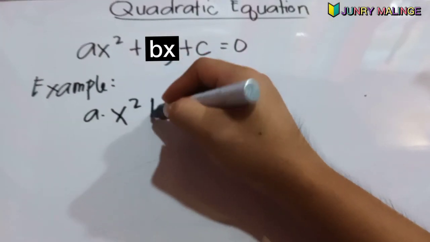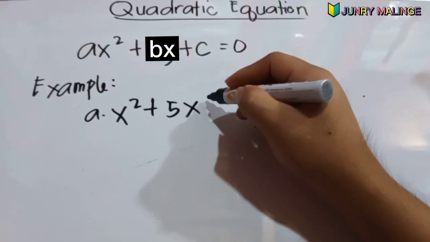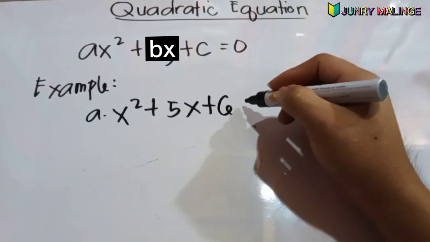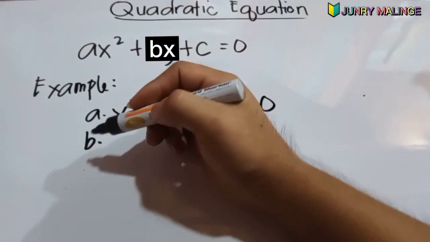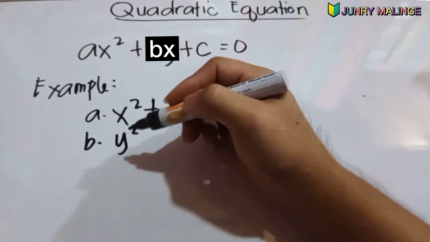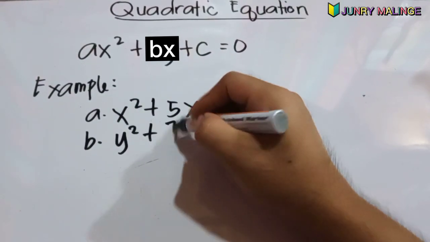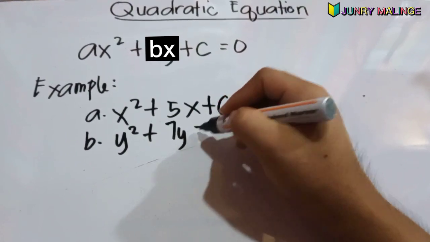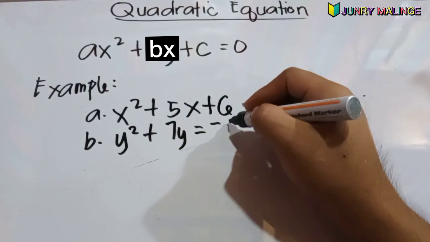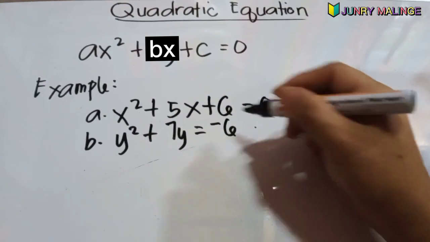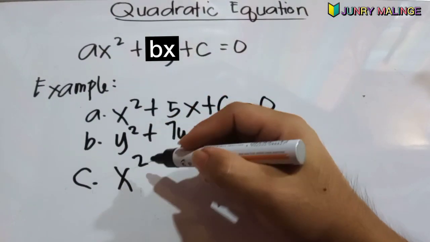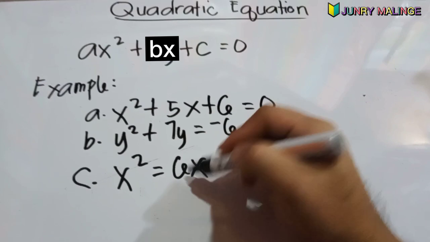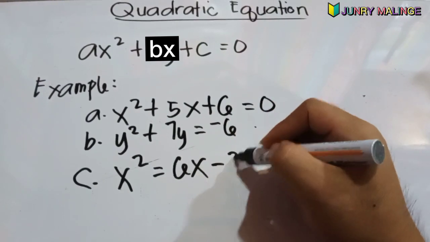For example, letter A, x squared plus 5x plus 6 equal 0. Letter B, y squared plus 7y equal negative 6. Letter C, x squared equal 6x minus 3.